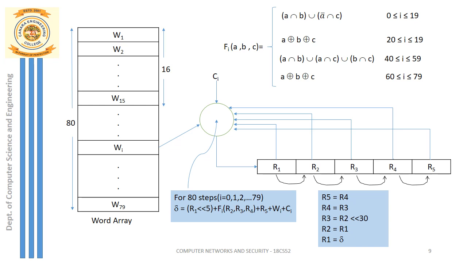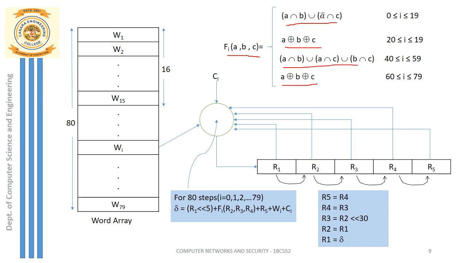Once we have these shifted or mixed words, bits from each block of Wi are mixed into the state in 4 steps, each maintaining 20 rounds. For any value of A, B, C and bit number i, we define the function f of i of A, B, C as 4 different rounds using these formulas.